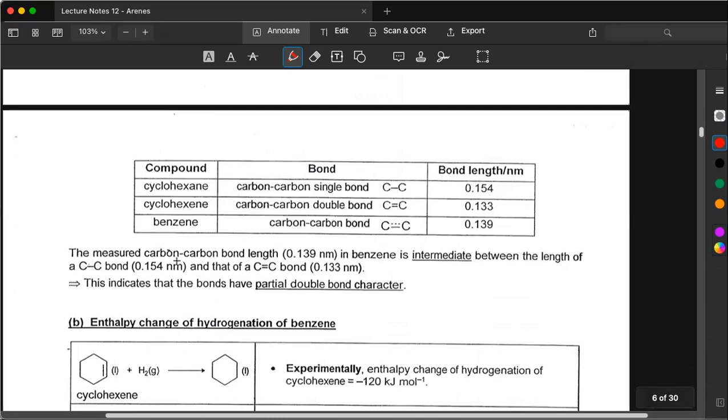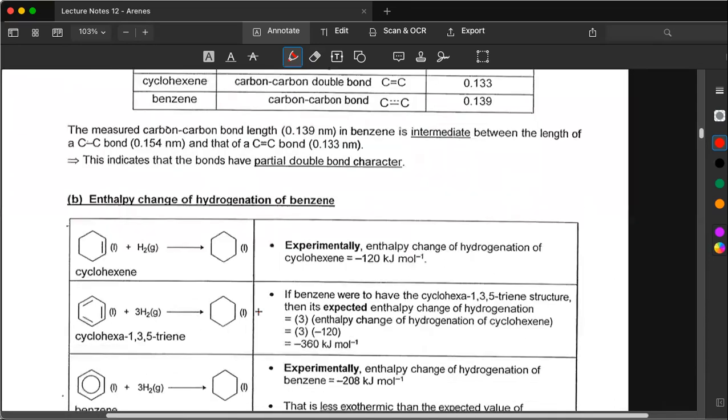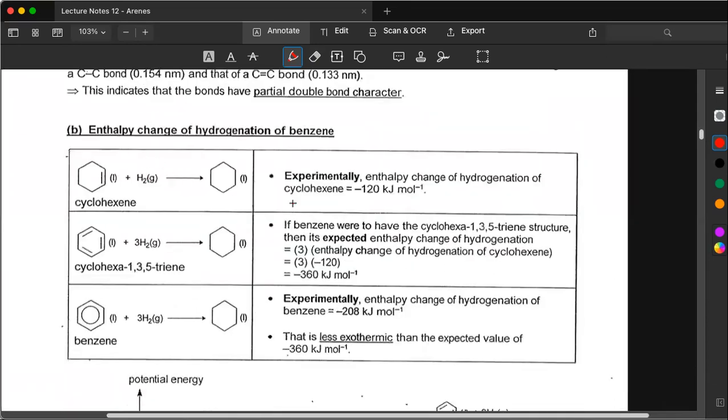The measured carbon-carbon bond length in benzene is intermediate between the length of the C-C bond and the C=C double bond. This shows that the bonds have partial double bond character. Experimentally, the enthalpy change of hydrogenation of cyclohexene is negative 120 kilojoules per mole.